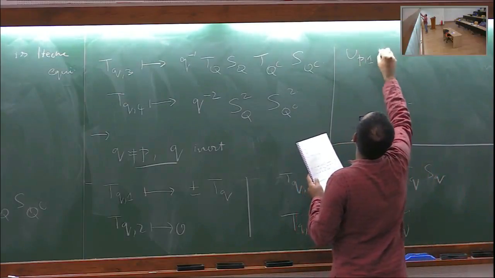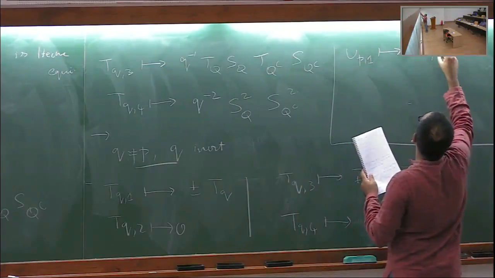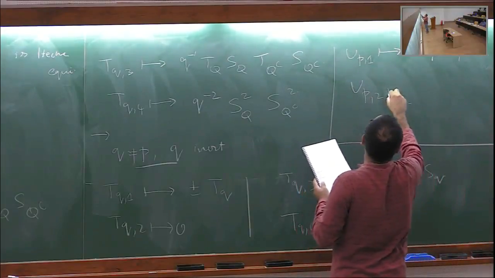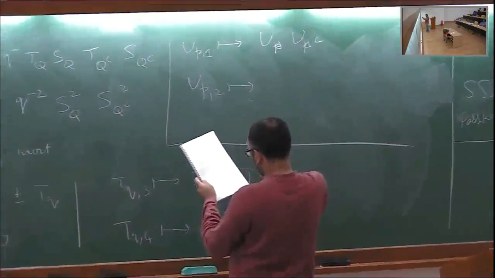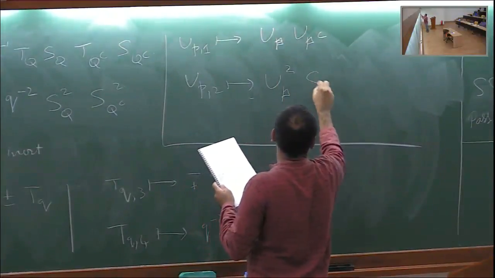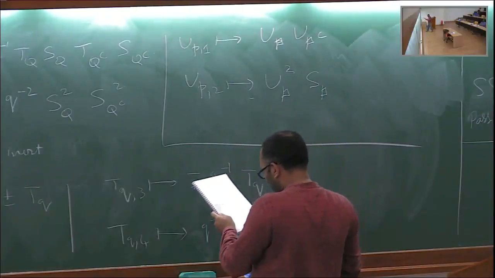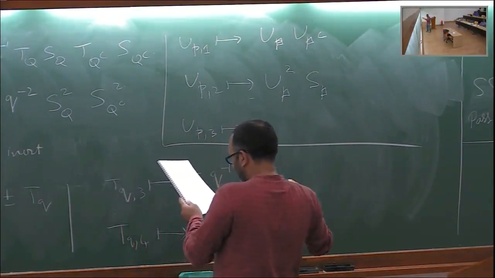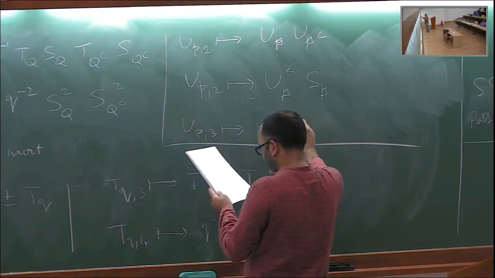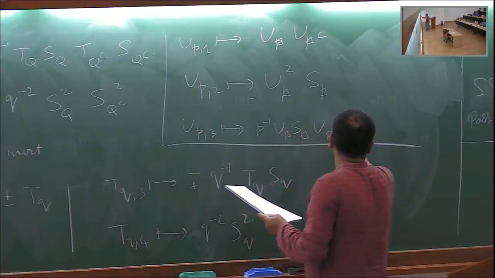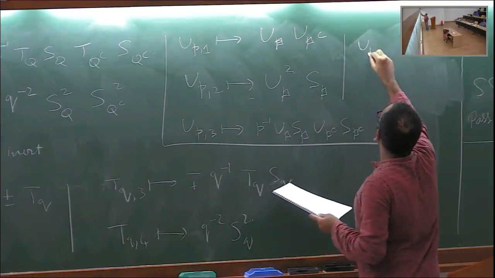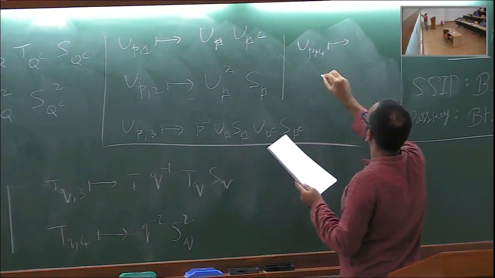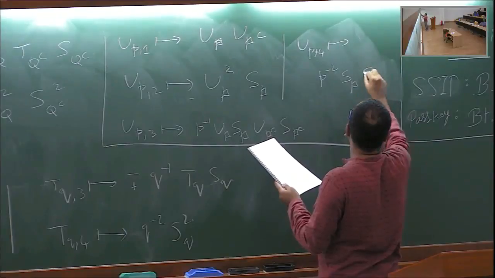So Up1 will go to Upc, Up2 goes to p square Sp, and then Up3 goes to p inverse Up Sp, Upc, Spc, and Up4 goes to p to the power minus 2 Sp, Spc.